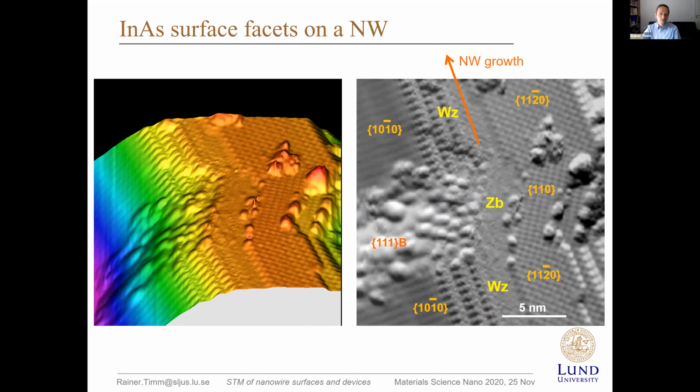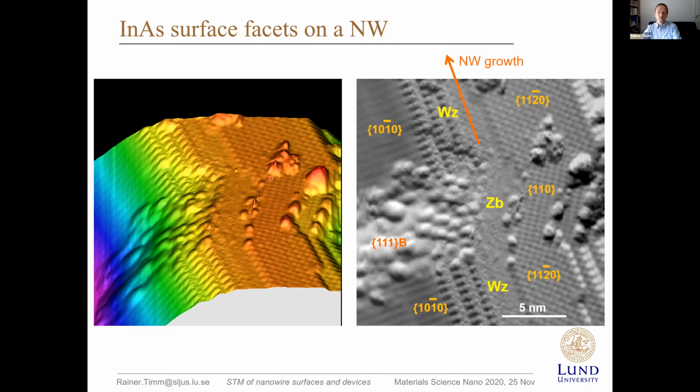Then we come to an interface where the structure changes from hexagonal wurtzite to cubic zinc blende. We have a different pattern of the atoms on the surface, and it goes back to the hexagonal case here. We also see some contamination on the surface. And then we can go across an edge, a 30-degree angle towards a different facet at the side of this nanowire.